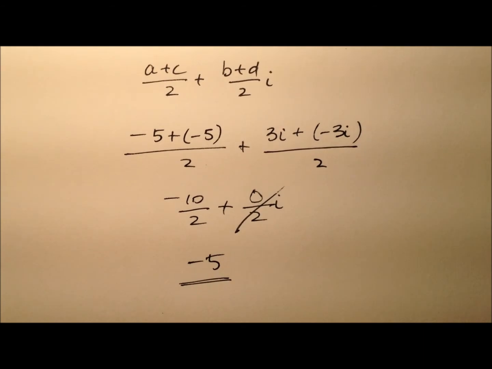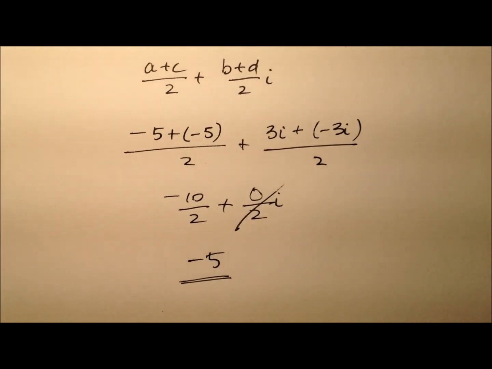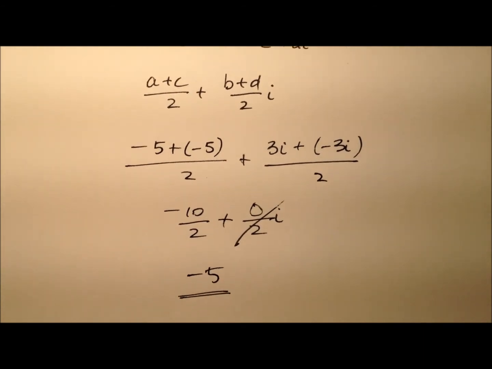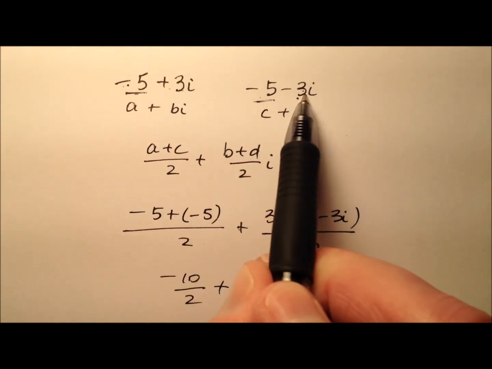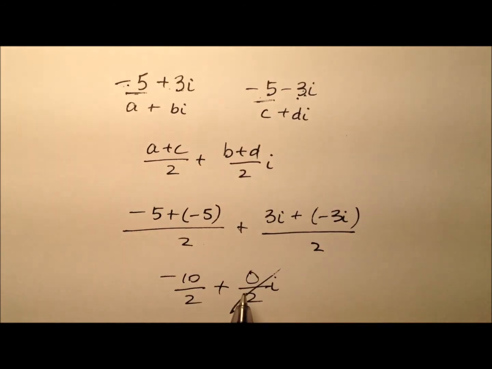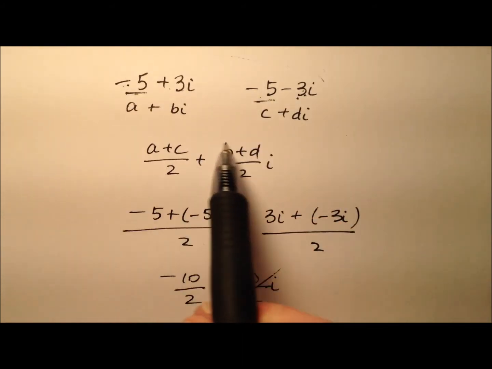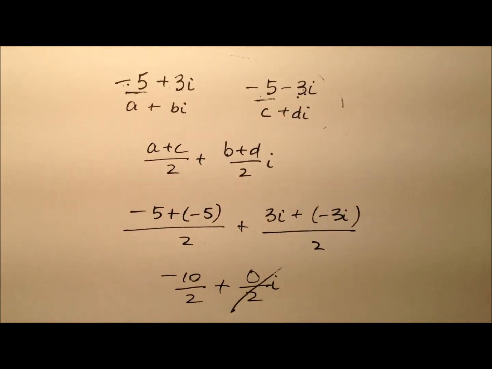So the midpoint will always land right on the real number axis, and it's because our imaginary numbers here ended up canceling out when we added them together. So that's kind of the special relationship that exists when you're finding the midpoint between two complex conjugates.